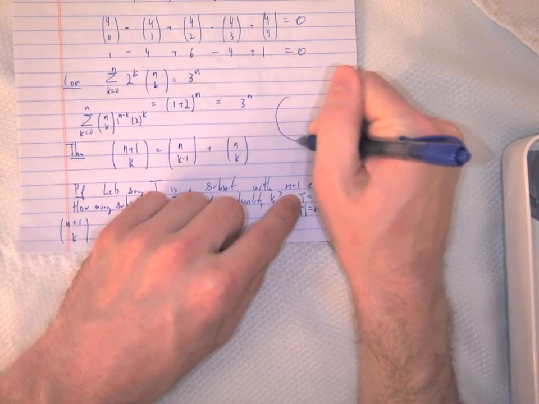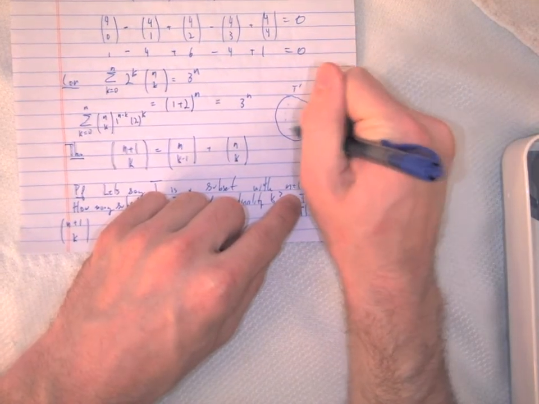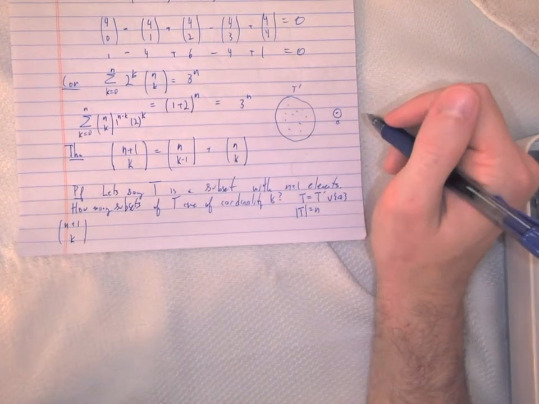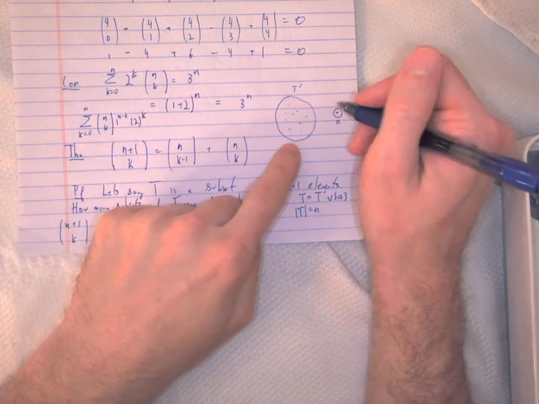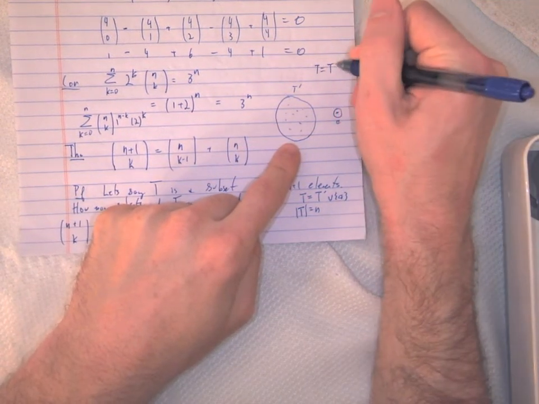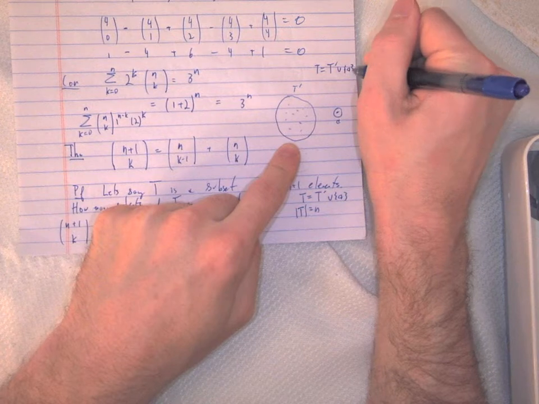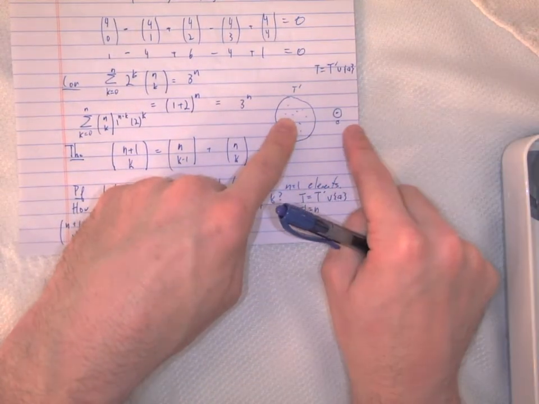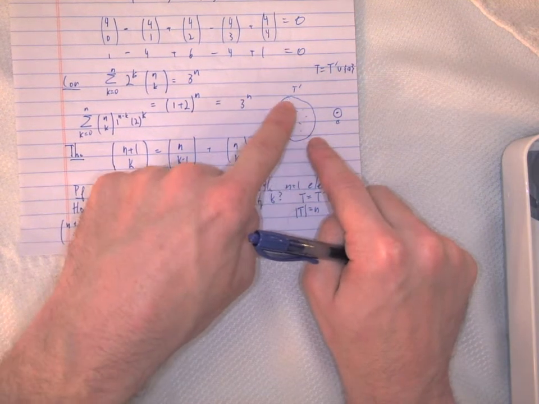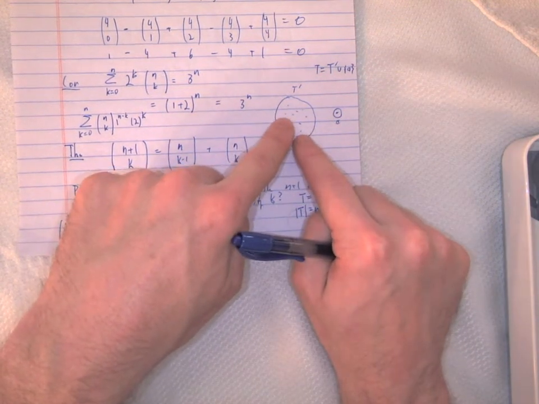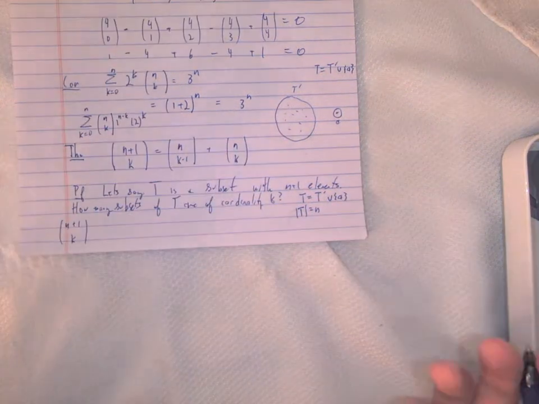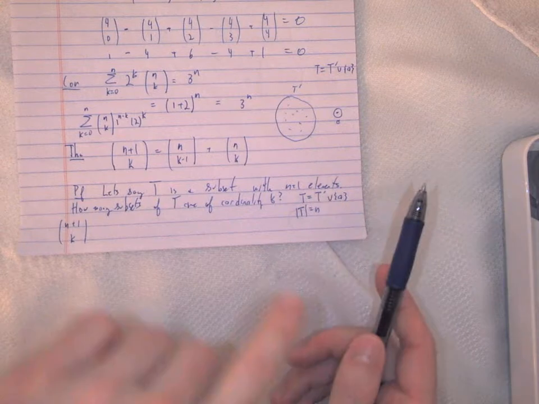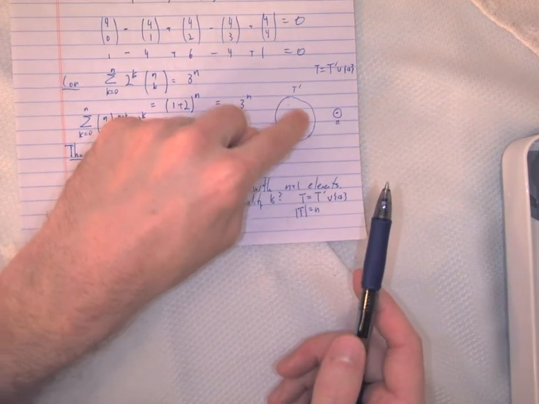Maybe I'll draw a little picture here. T prime, and then little old A on their lonesome. So T is equal to T prime union A. So either you pick a k element subset of T prime and you leave out A, or you pick a k minus 1 subset of T prime and then you include A. Those are the only two types of subsets of T. Either they include A or they don't include A. If it doesn't include A, then all k elements have to come from here.